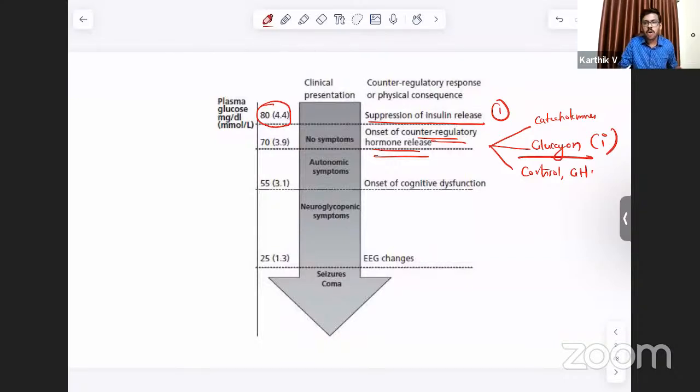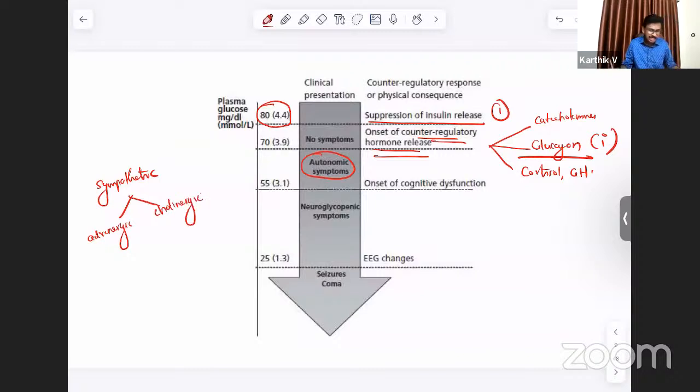So glucagon, catecholamines, cortisol, growth hormone, everything will be released, and especially the catecholamines will cause the autonomic symptoms. Autonomic symptoms mean sympathetic nervous system activation, both adrenergic and cholinergic.